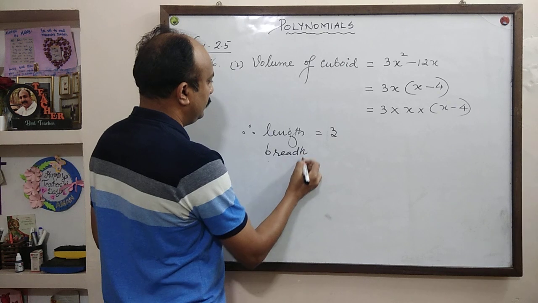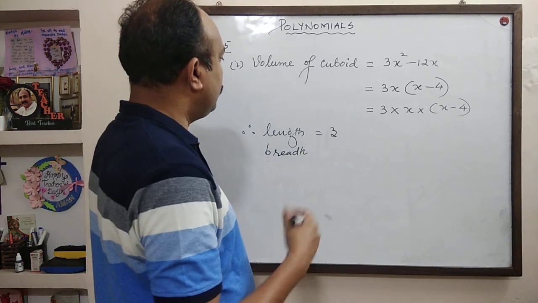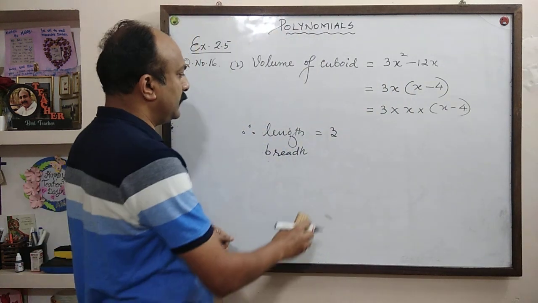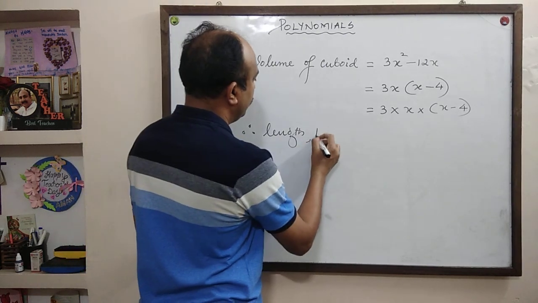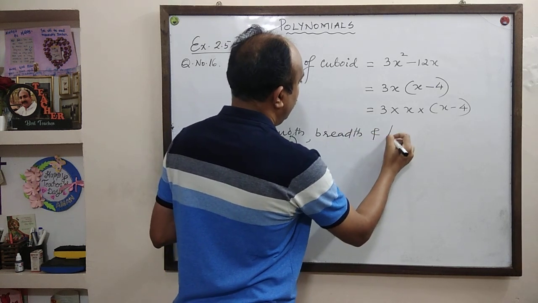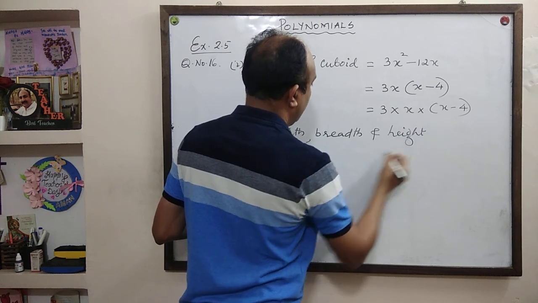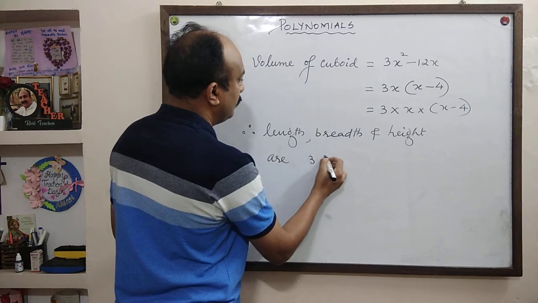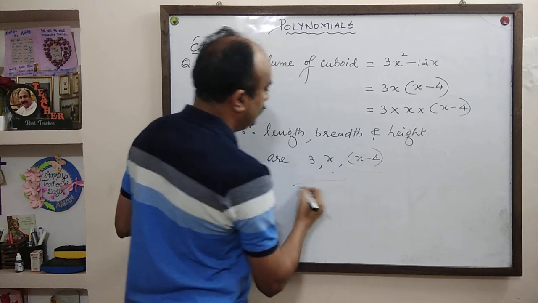In particular we cannot say this is length, this is breadth, that won't be correct. Therefore length, breadth and height are 3, x and x minus 4.